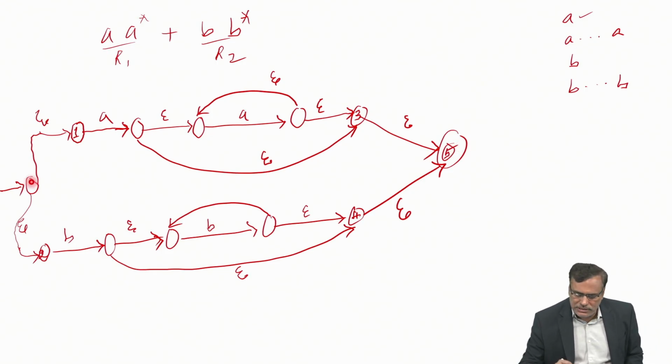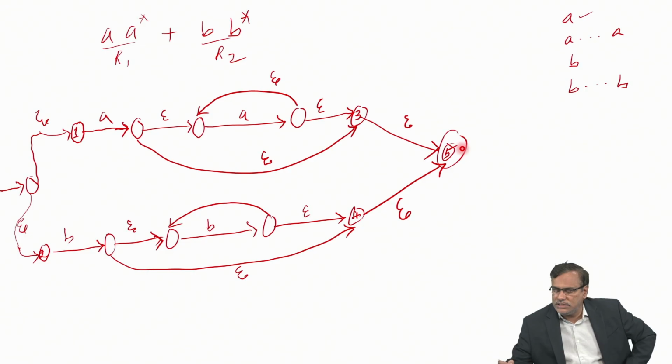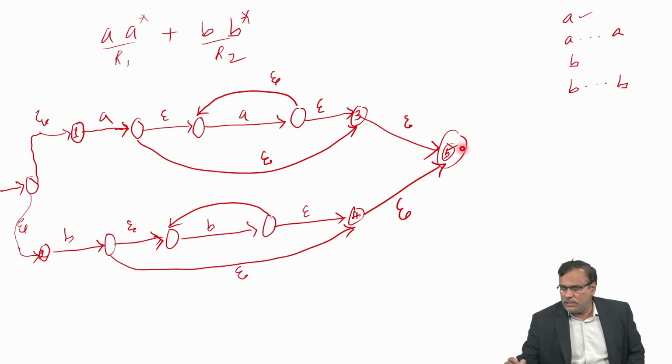If you have 3 A's, first A, second A, third A, and then it is going to take this path. So this is how it is going to accept the strings consisting of one or more A's. In a similar fashion, the explanation follows for the others, that is, strings consisting of one or more B's.